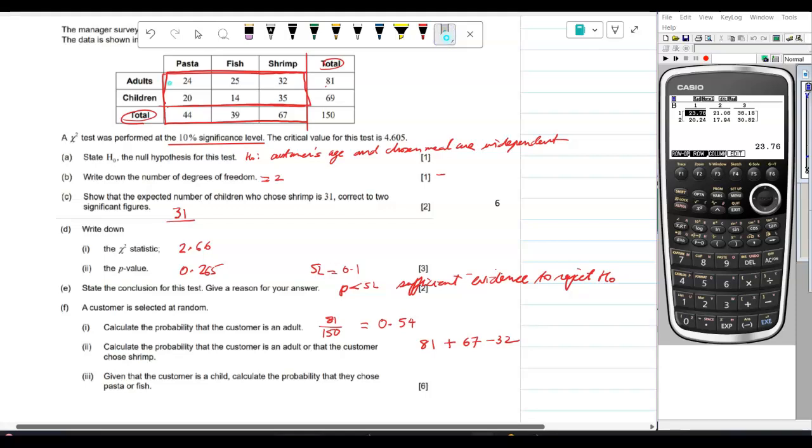When you choose the adults, this 32 got counted. When you choose this also, this 32 got counted. So the 32 got counted twice. So remove 32 once. That's important, no?